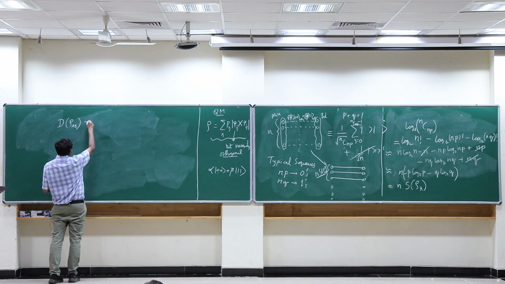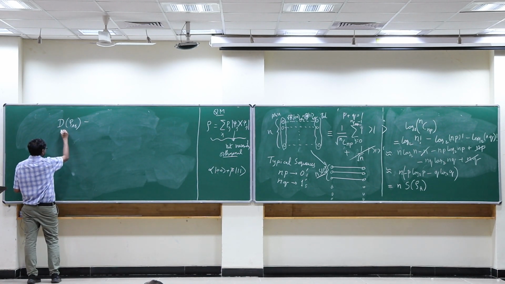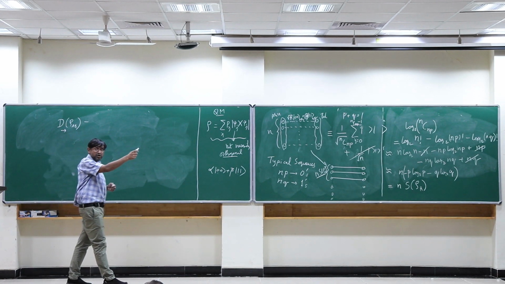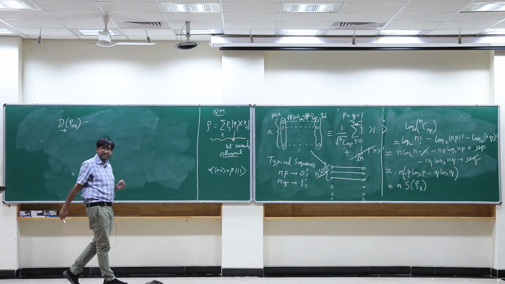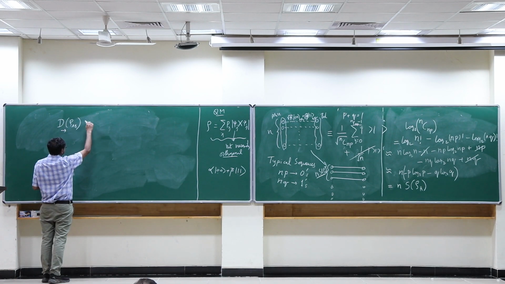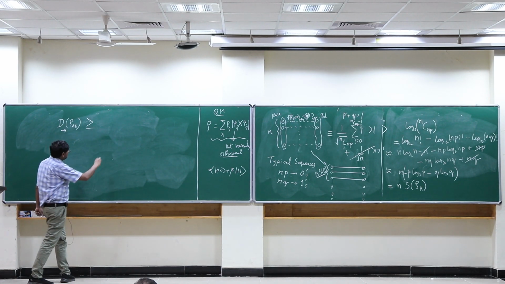So this is called the one-way distillable entanglement. You can communicate only from Alice to Bob and not back from Bob to Alice, because this is the only one people could compute. It is known to be bounded by the so-called coherent information.